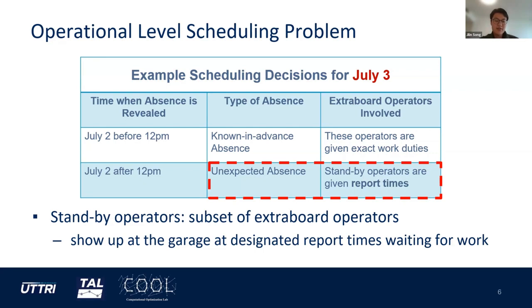Any absence revealed after 12 p.m. will be known as unexpected absence. And what we can do is give the remaining Extraboard operators report times. The report time is a time where they show up at the garage to wait for open work to occur. The subset of Extraboard operators who are given report times are also known as standby operators. And they'll be the main focus.